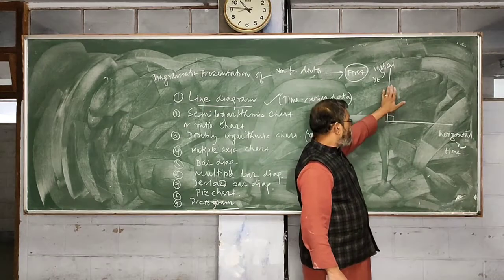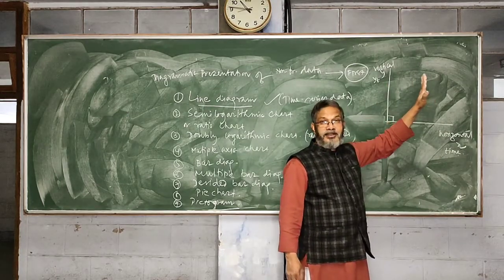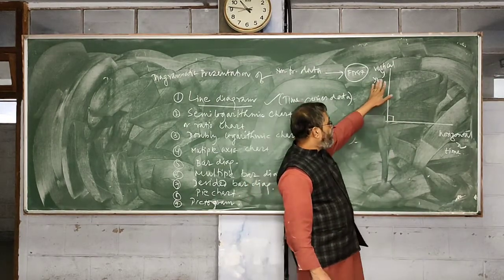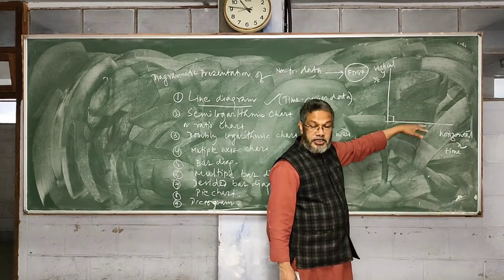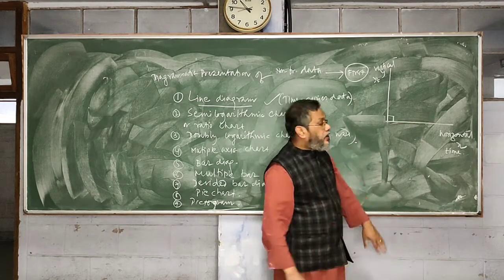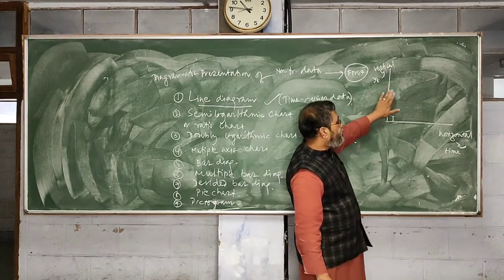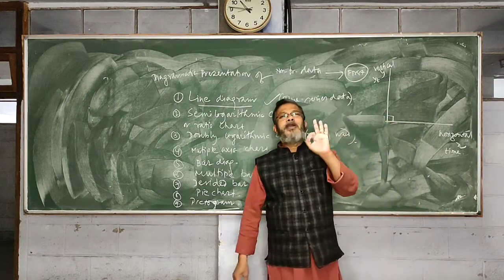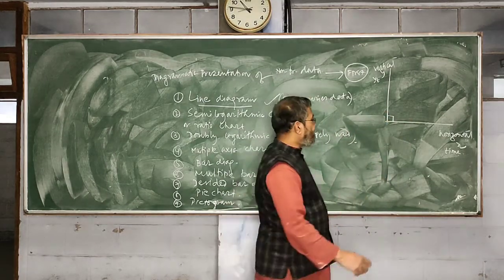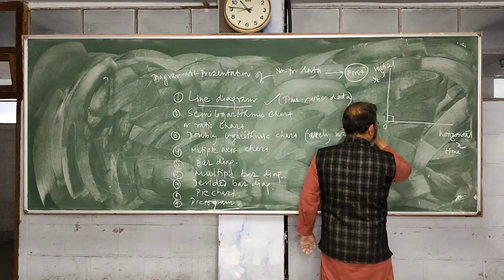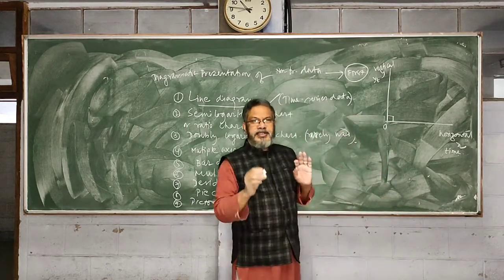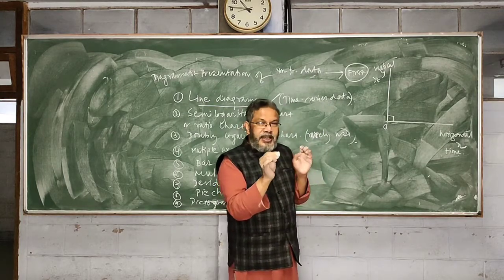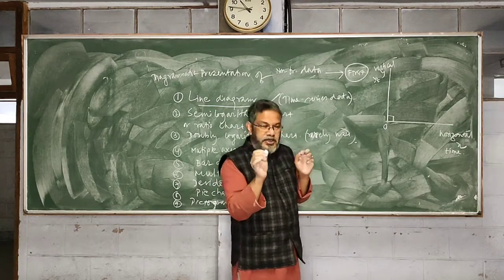Rectangular means the two axes are perpendicular to each other, vertical axis and horizontal axis. Here we measure some units. This is origin O, starting with 0, 0, meaning time is 0 and the value of the variable is 0.